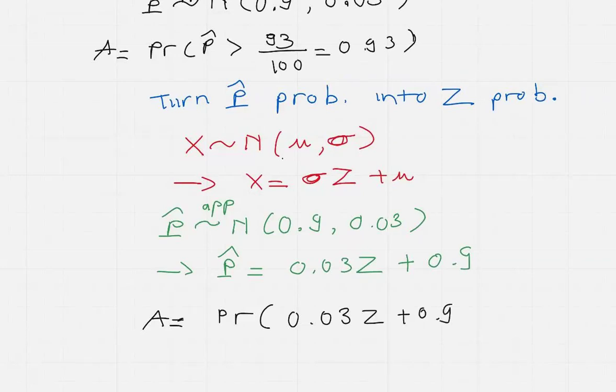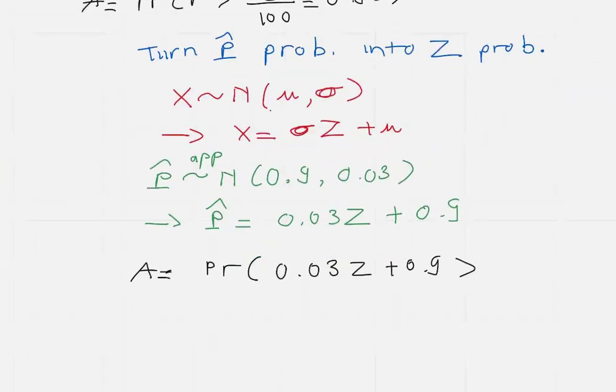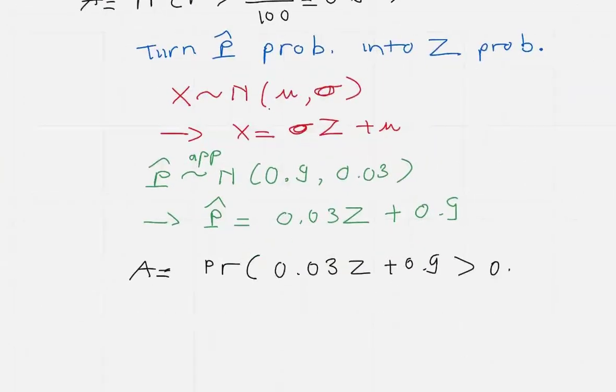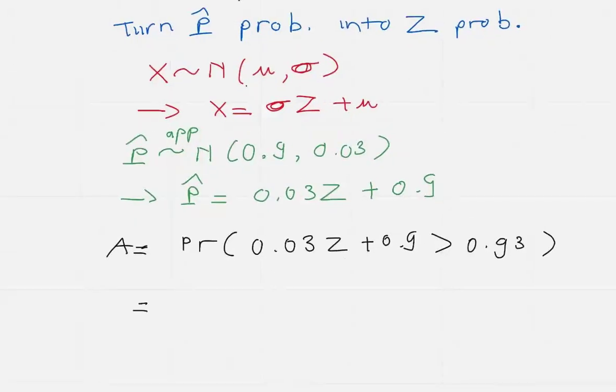Once again, this is just p hat, right? We want the probability of p hat to be more than 0.93.